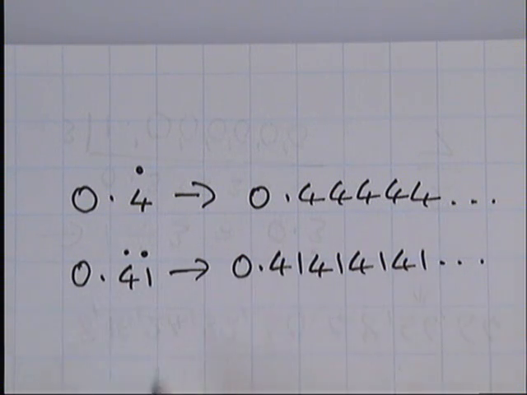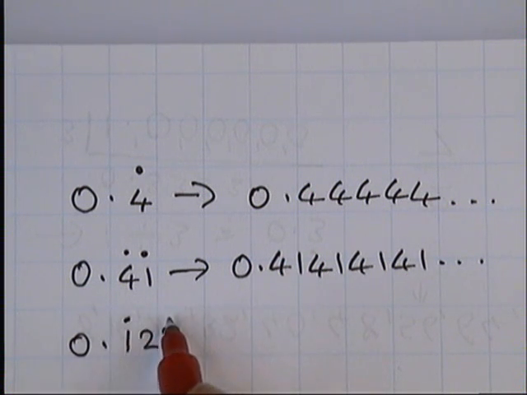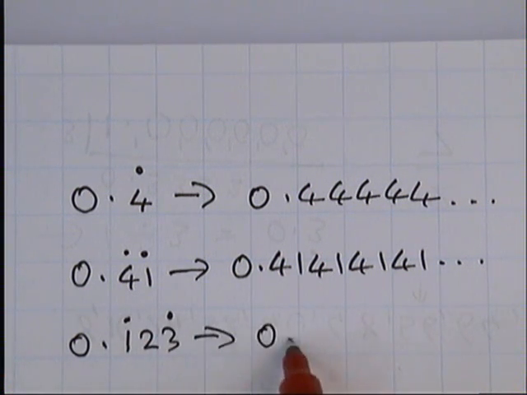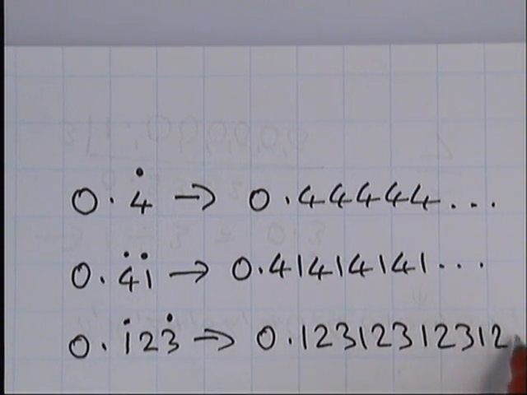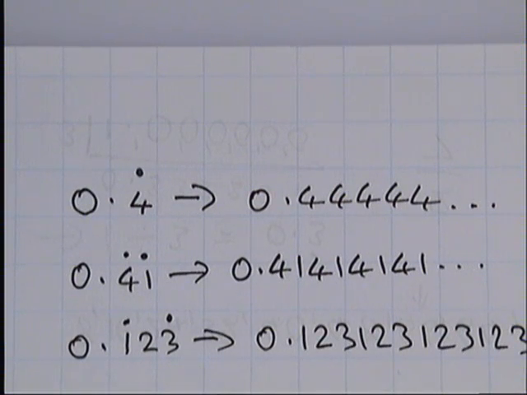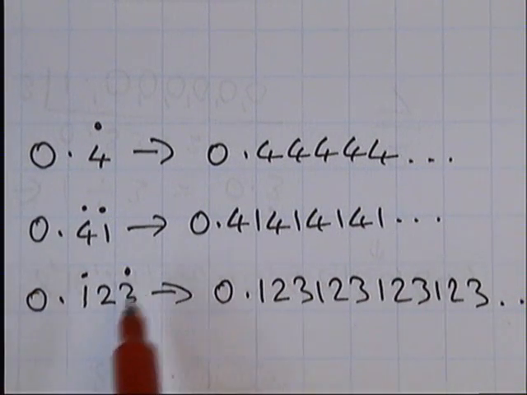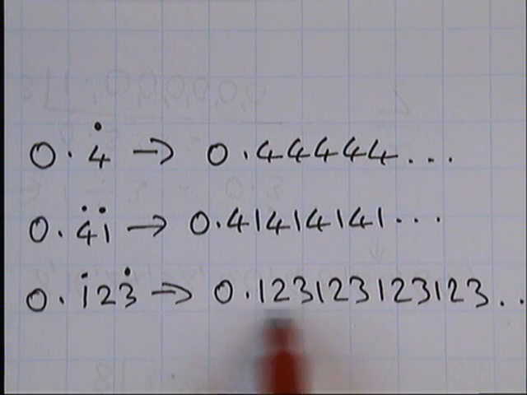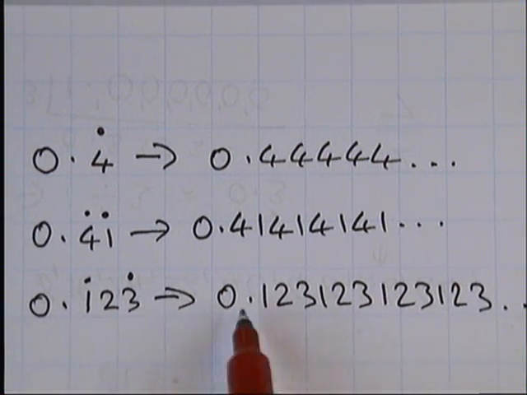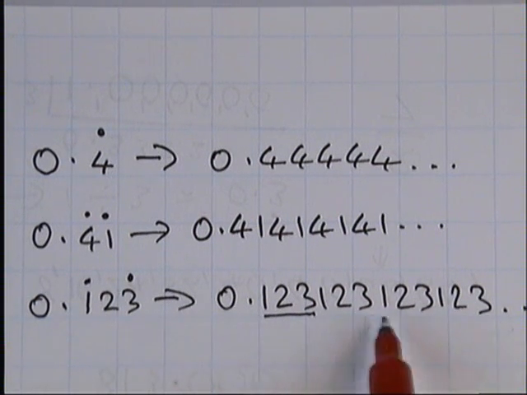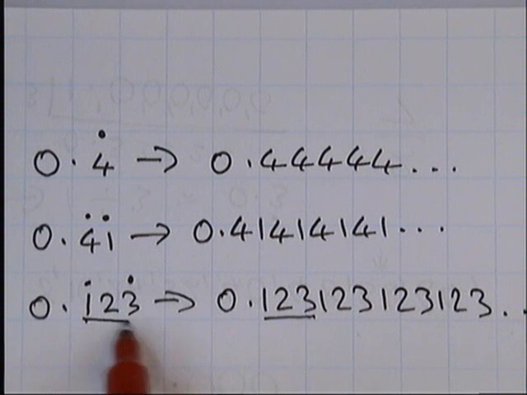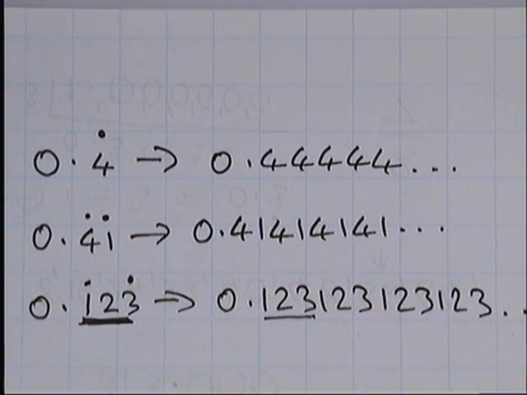The repeating pattern is a 4 and a 1. But 0.123 with a dot above the 1 and the 3, that's the same as 0.123123 forever. So the first dot shows you where the pattern starts, and the second dot shows you where the pattern stops. So you can see it's almost in chunks of 1, 2, 3 there. 1, 2, 3, 1, 2, 3, which corresponds to the 1, 2, 3 with the dot above the 1 and the 3.